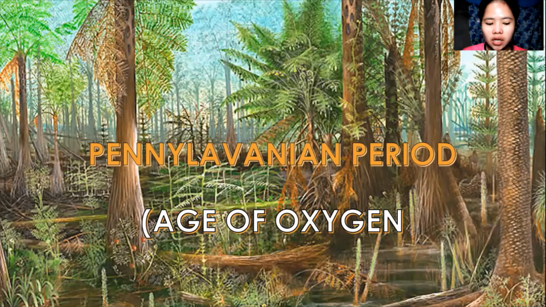It is also the thickening of the crust. So this is where the lithosphere started to become thick and stable. Animals and plants adapt to the changing habitat. So in order for organisms or fishes to survive, they need talaga to adapt to the environment that they have.